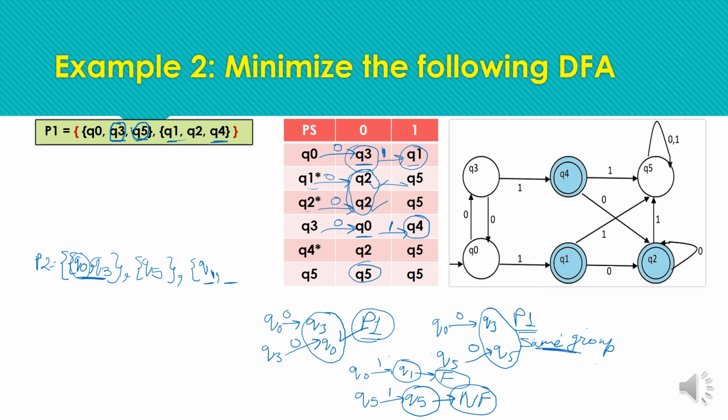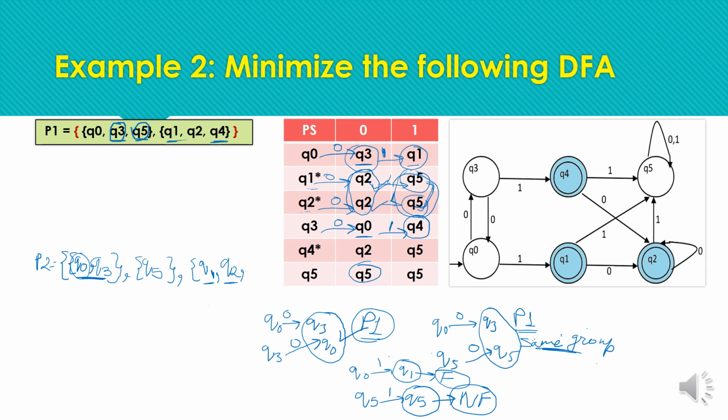For input symbol 1 also the resulting state is Q5 in both cases. So both Q1 and Q2 have transitions for all input symbols to the same group: for 0 both go to the group that has Q2, and for input symbol 1 both go to the set with Q5. So yes, Q1 is compatible with Q2.